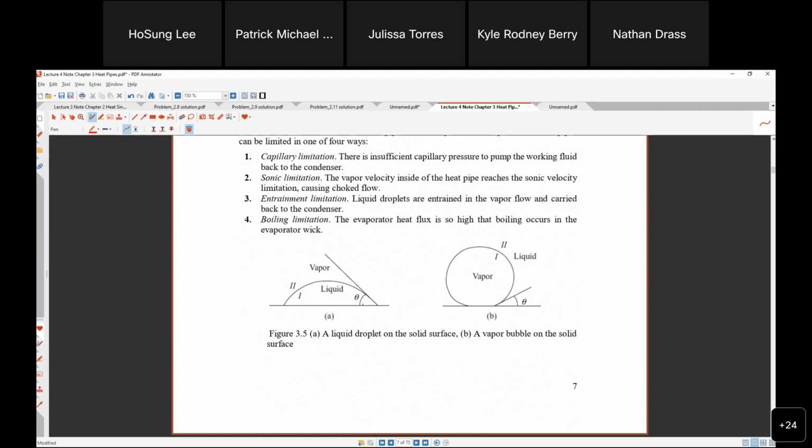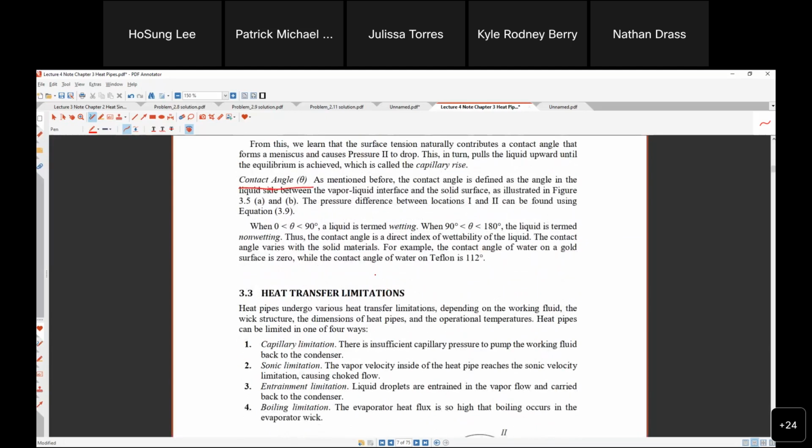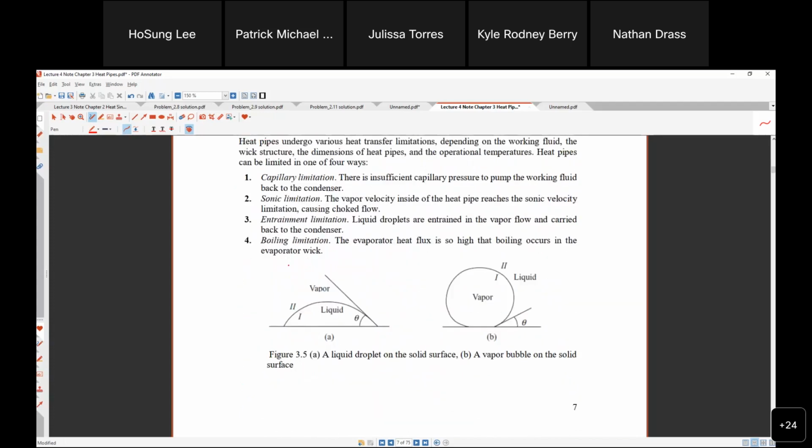If the contact angle is greater than 90, it's non-wetting. So wetting and non-wetting depend on the contact angle.